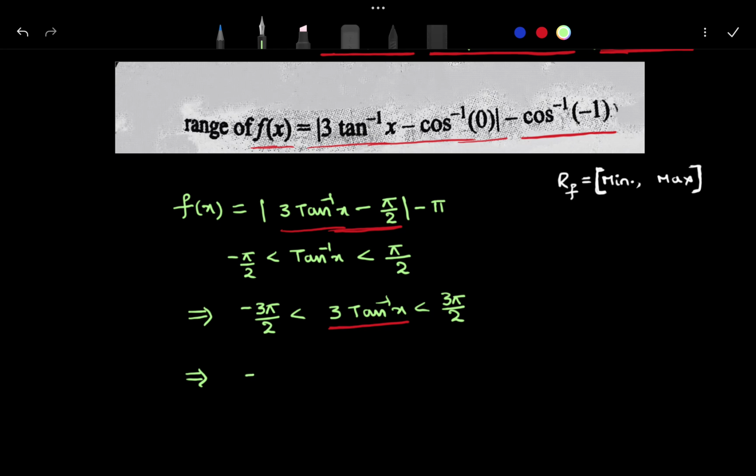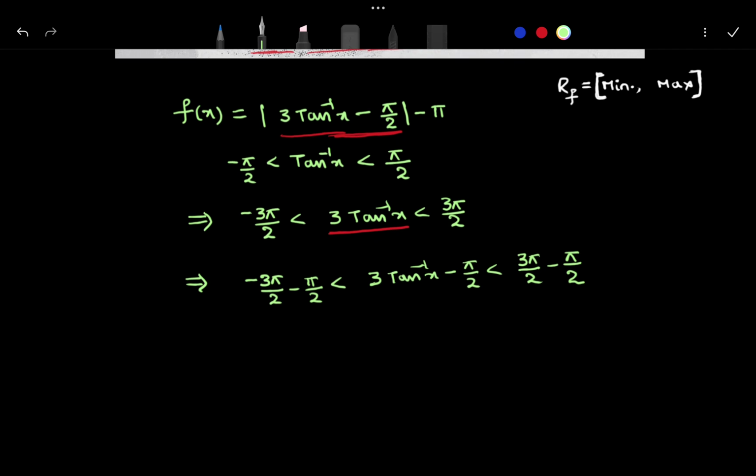Then it becomes minus 3 pi by 2 minus pi by 2 is less than 3 tan inverse of x minus pi by 2, which is less than 3 pi by 2 minus pi by 2.